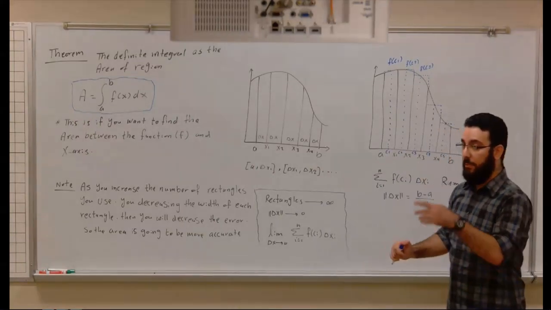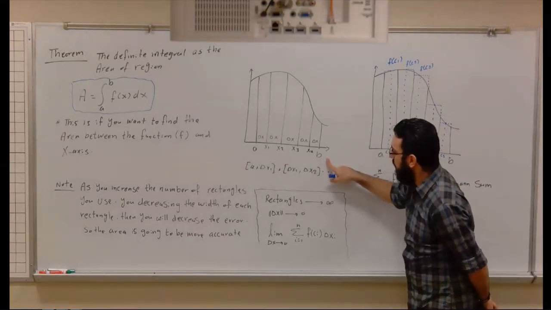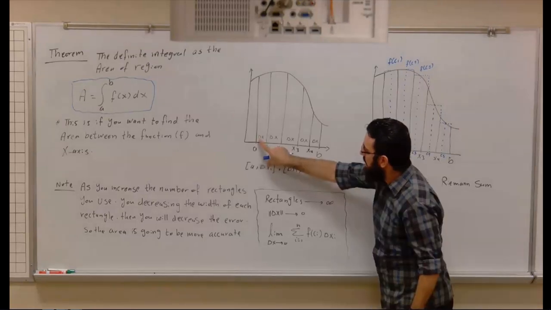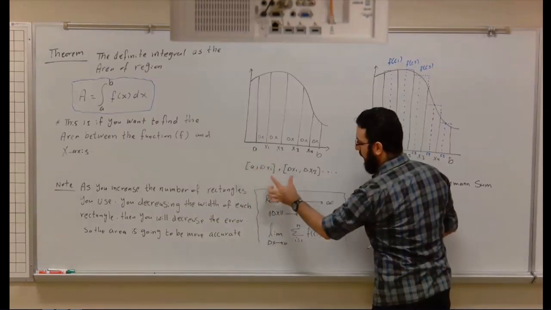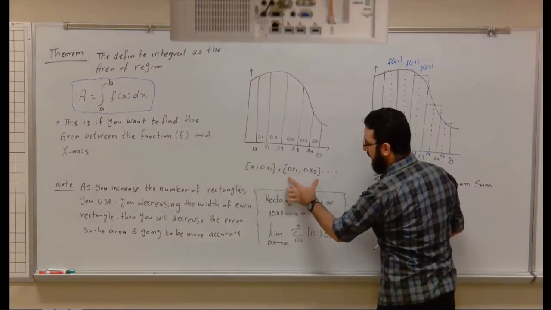When we start explaining, here's a and here's b, and here are the intervals. The width is delta x, with x1, x2, x3, x4. We're going to divide into sub-intervals, here is the first one, and here is the second sub-interval, and keep going.